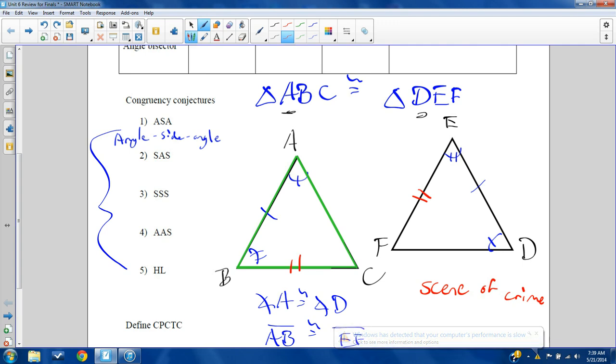And you build up enough evidence. It's like, I'm getting a bare minimum of what I need. I can't get everything. I can't get that he was at the scene of the crime. Just like in these triangles, I can't get that every part's congruent, just some parts. But if you just get enough, then you are able to still convict the guy.